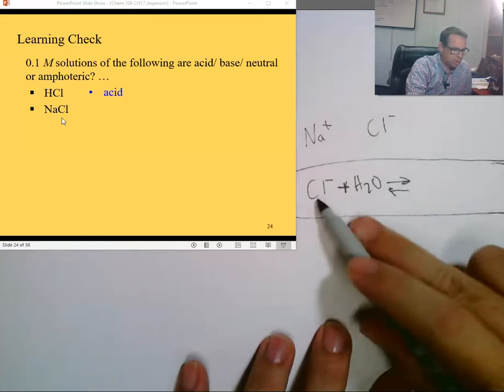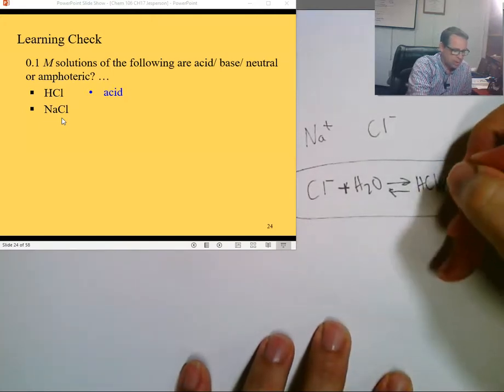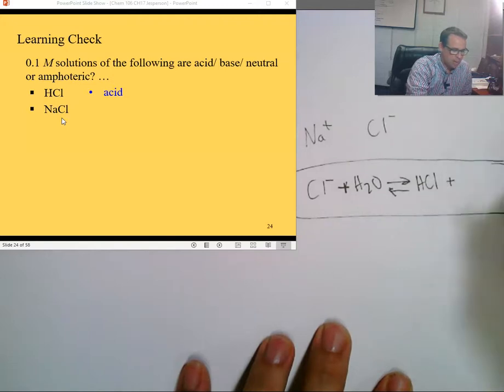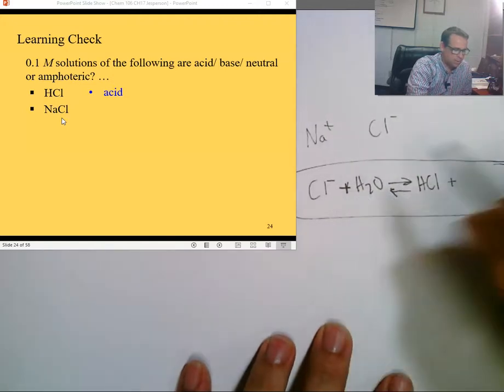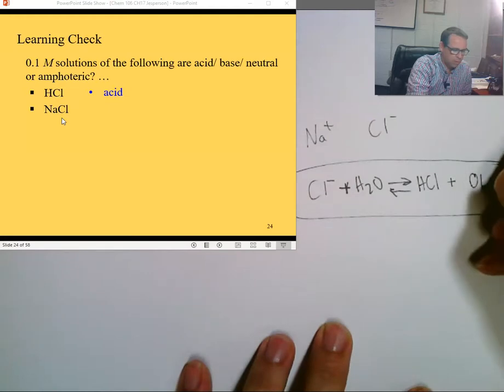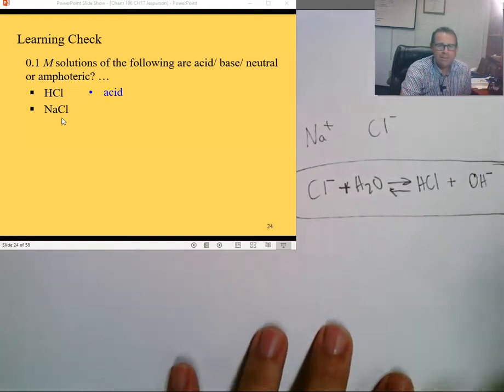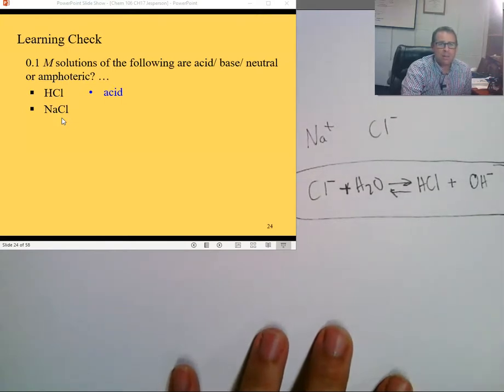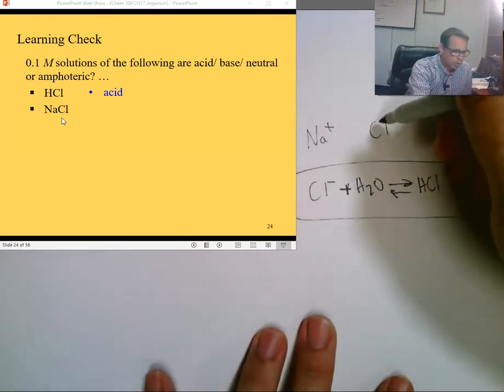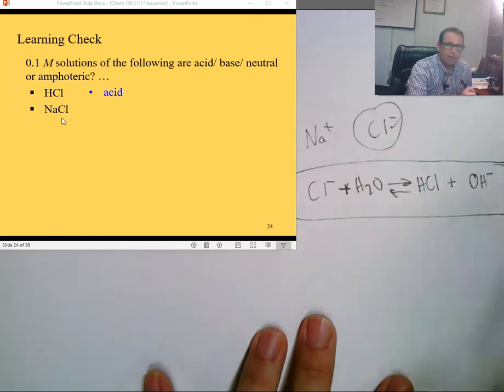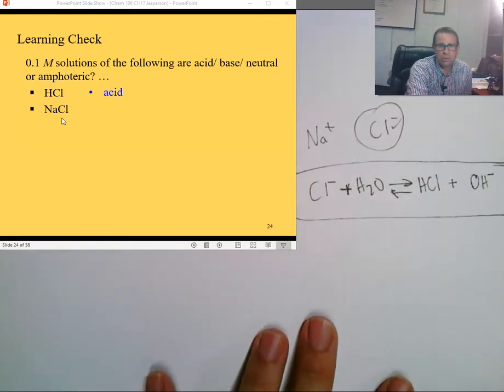So the hydrogen ion is going to go with the chlorine, and HCl is our product, and the rest is going to be the rest of that water molecule left over, which is the hydroxide ion. Okay? Now, this isn't actually what's going to happen. This is just theoretically what this ion could do in solution.